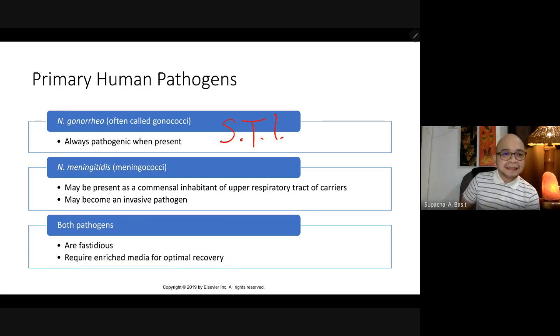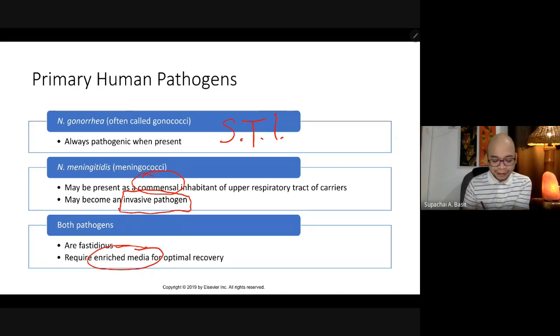And then Neisseria meningitidis, or the meningococci, as I told you, could be a commensal inhabitant of the upper respiratory tract of carriers, and it could become an invasive pathogen. Both of them are considered fastidious, which means they require enriched media for optimal recovery.